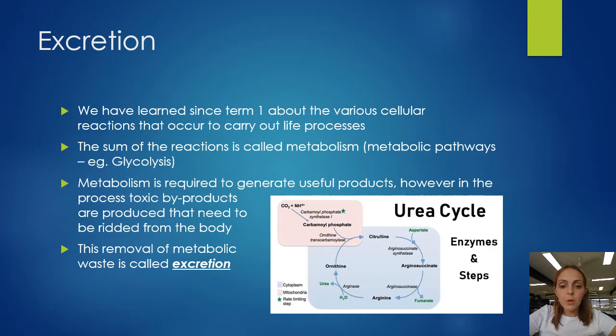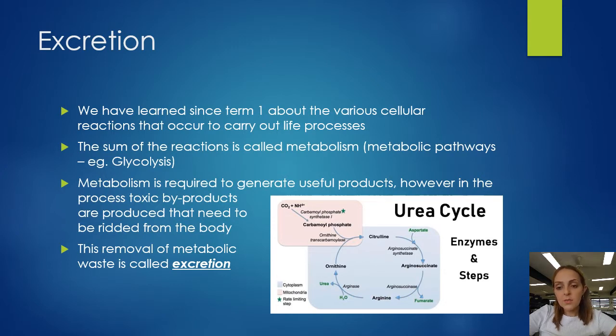An example of a basic way that this happens is when our body produces carbon dioxide in cellular respiration. We don't need any big complex system to get rid of this because this occurs by exhaling that CO2 at the lungs. So the lungs assist in that excretion process by simply removing that byproduct.